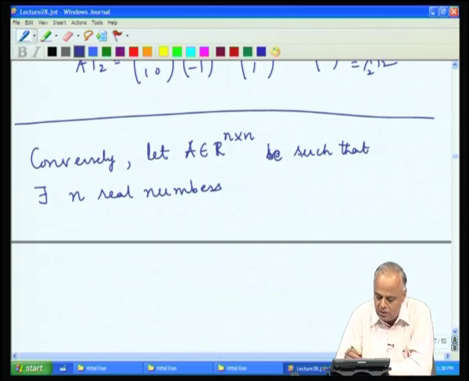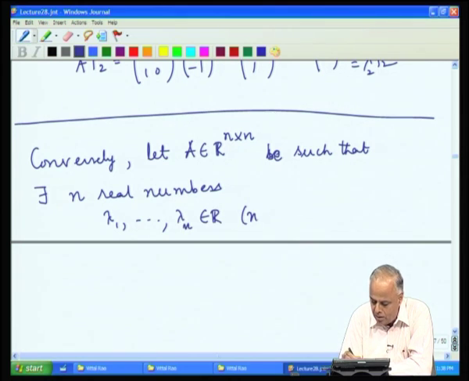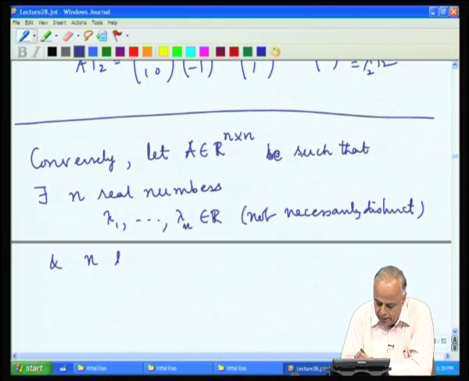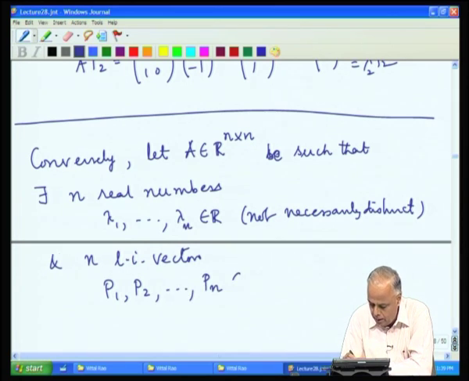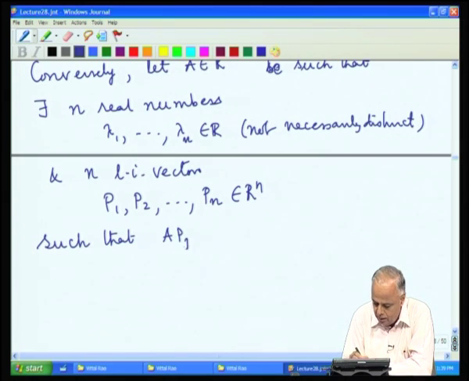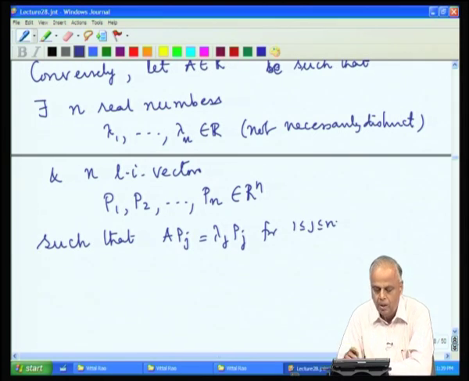Now we are assuming the existence of these numbers lambda 1, lambda 2, up to lambda n, not necessarily distinct, and n linearly independent vectors p1, p2, up to pn in R n such that A pj equals lambda j pj for 1 less than or equal to j less than or equal to n.